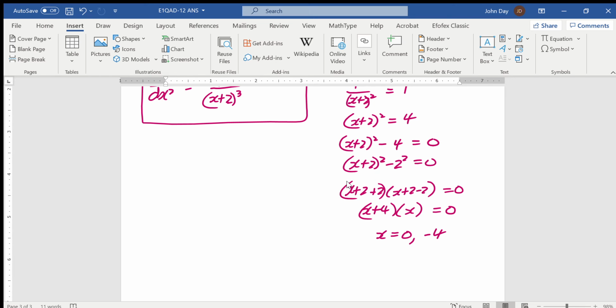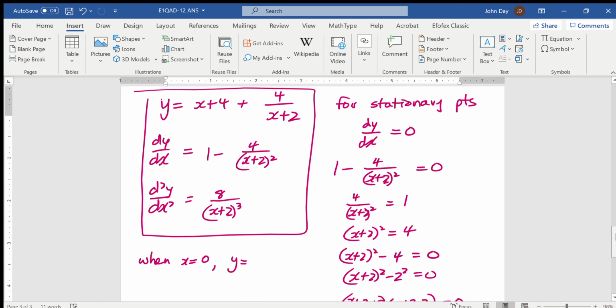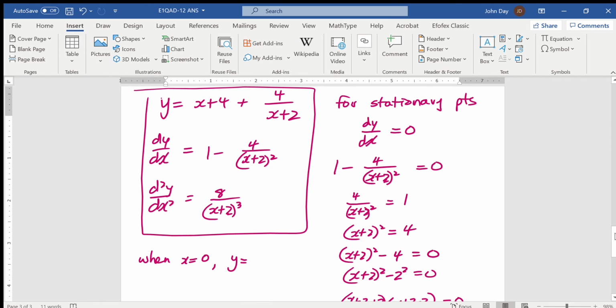I might as well find what those points are. So when x equals 0, y equals, I put it in up the top. I've got my equation for y up here. y is 0 plus 4 on 0 plus 2. So 4 plus 2, y equals 6. And when x equals, what was the other point?